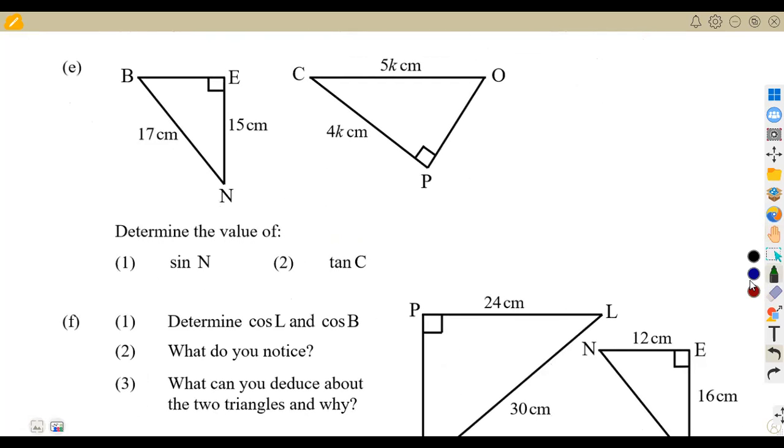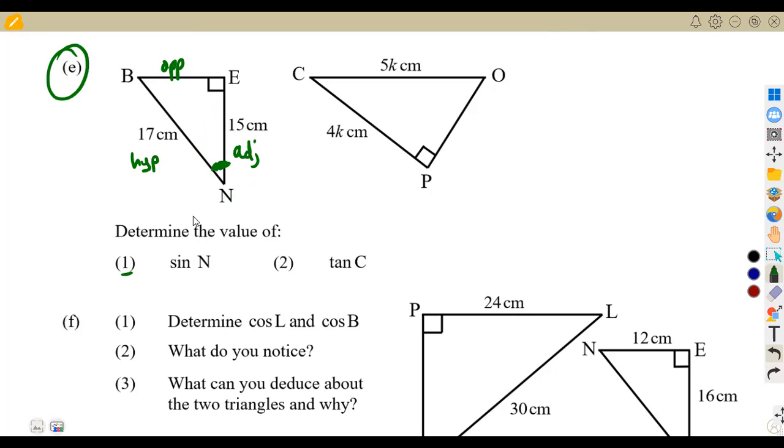Like in this case here, we are given to determine the value of the following from this triangle. We need the sine of n, where n is this angle here. Remember, according to the angle, this side becomes your opposite. The hypotenuse is always facing 90 degrees, so this is the hypotenuse, and this becomes our adjacent, the one that the angle and the 90 degrees are found on.